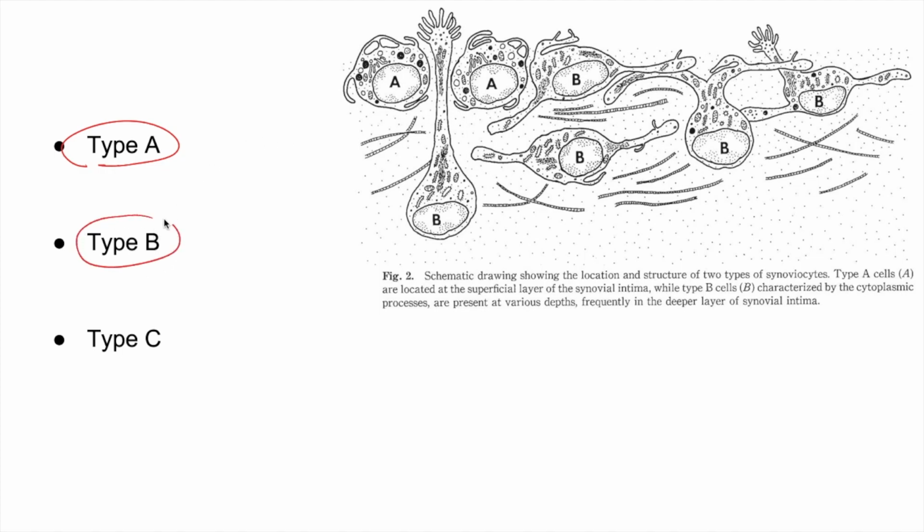Type B is a fibroblast type of cell which produces synovial fluid. These are the 3 different types of cells that you should know when you write about synovium and synovial fluid.